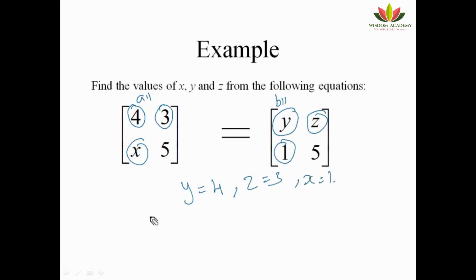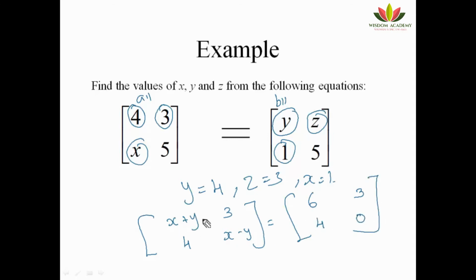Okay. So I will frame a sum like this: x plus y, 3, 4, x minus y is equal to 6, 3, 4, 0. What is the value of x and y? If they ask like that, what can we do? The corresponding element of x plus y, what do we have here? 6.